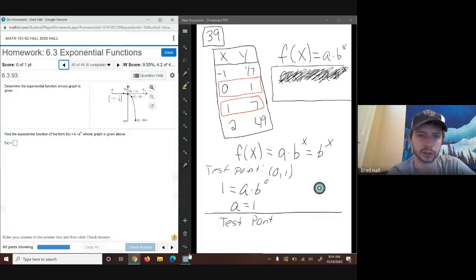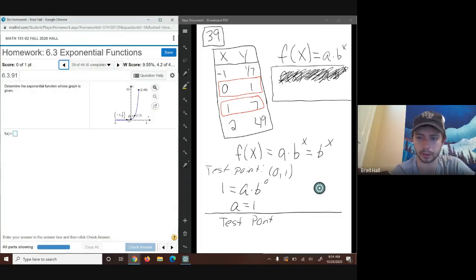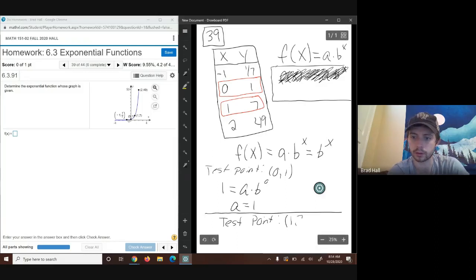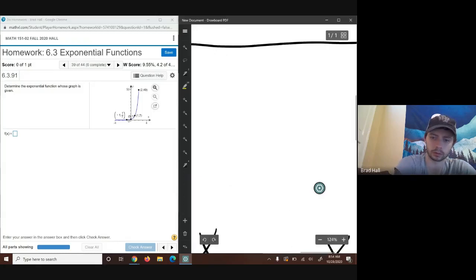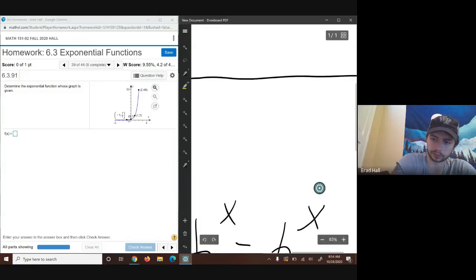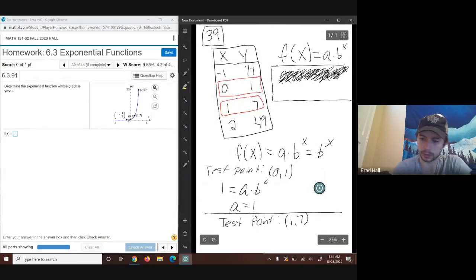But let me get back to the other problem. I haven't finished it yet. Like I said, we need to pick another test point to figure out what the value b is. So we pick another test point so we can figure out what b is. 7 is now equal to b to the first power, which means that b is 7.